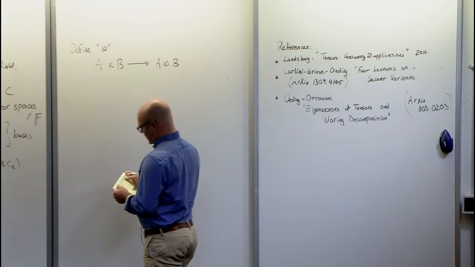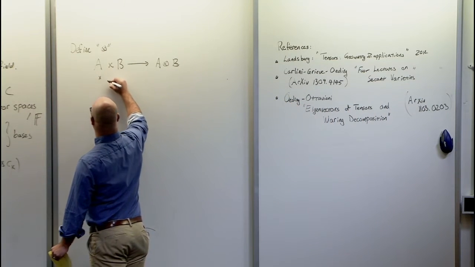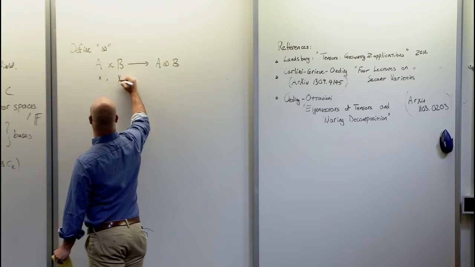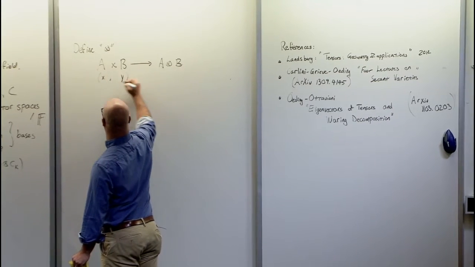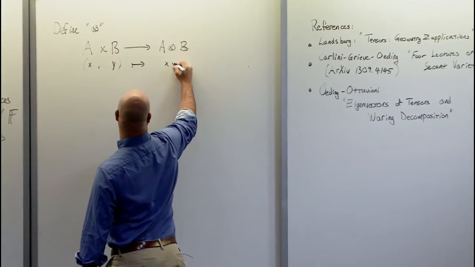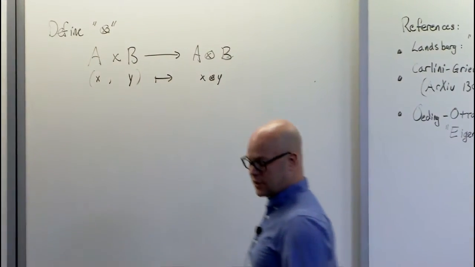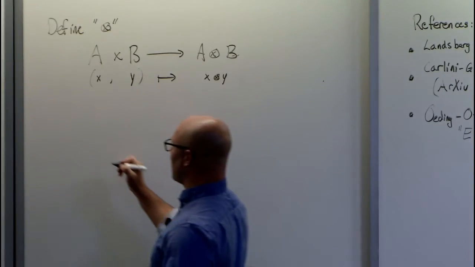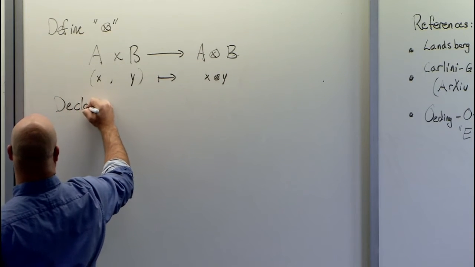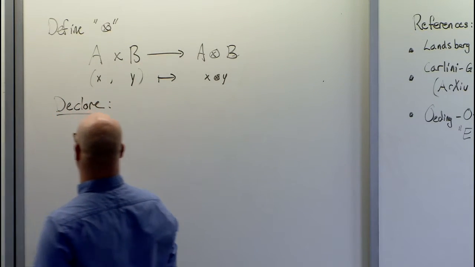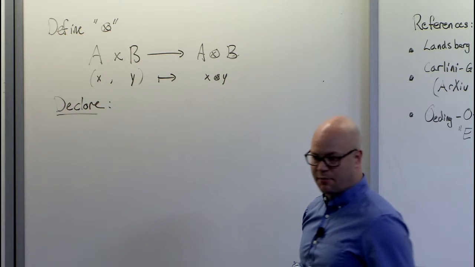So to define this map, the tensor product, just take an element in X, an element in A, and an element in B, and map it to this element, X tensor Y, and declare a couple of properties. So we're going to declare that this product is F bilinear.